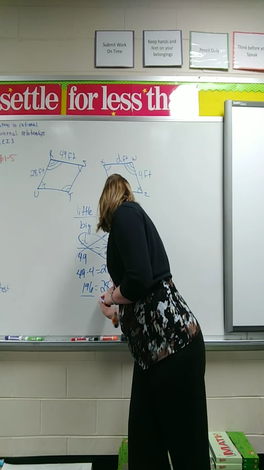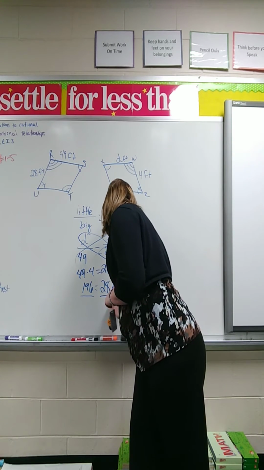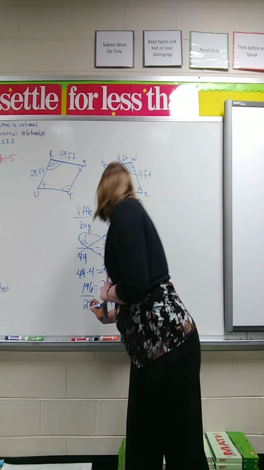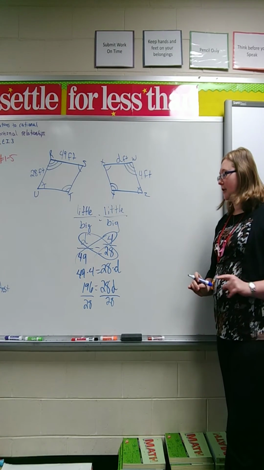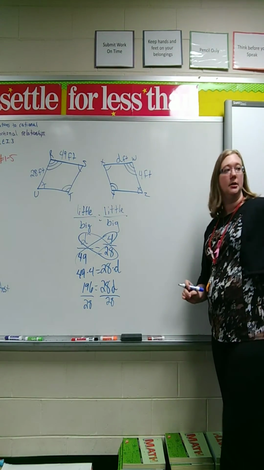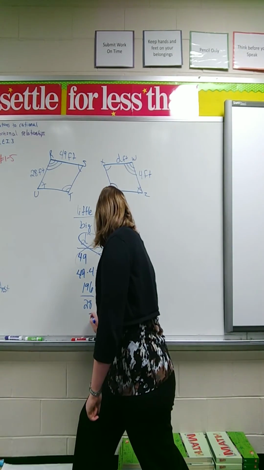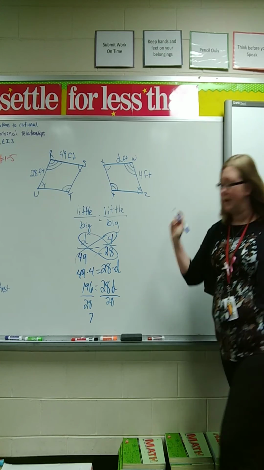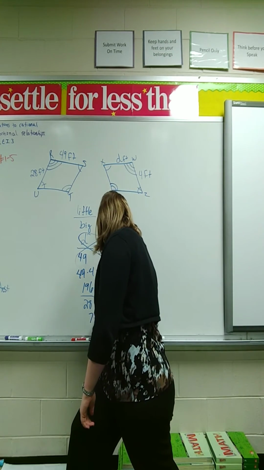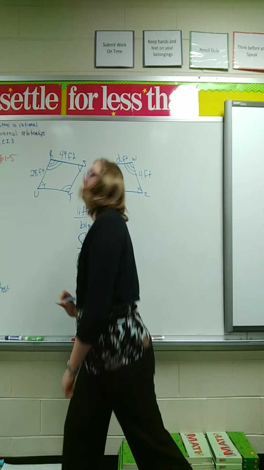Why am I dividing by 28? Because we're trying to get the variable by itself and get rid of the number attached, which means that 196 divided by 28 is? 7. What units? Feet equals D.